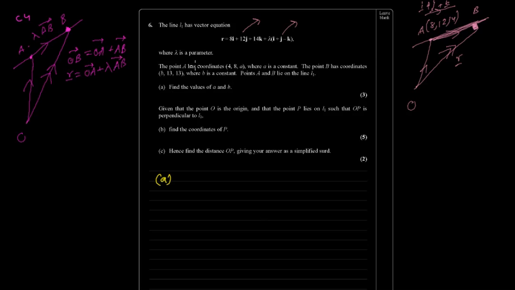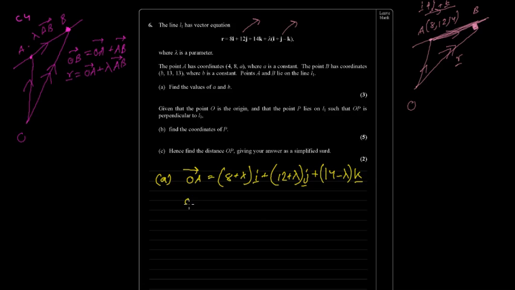If you have a point A, then OA can be written as 8i plus lambda i, (8 plus lambda) i, plus 12j plus lambda j, (12 plus lambda) j, then 14k minus lambda k, (14 minus lambda) k.